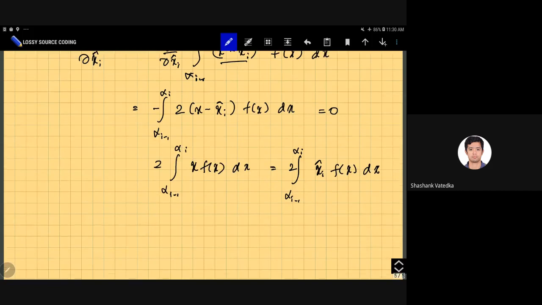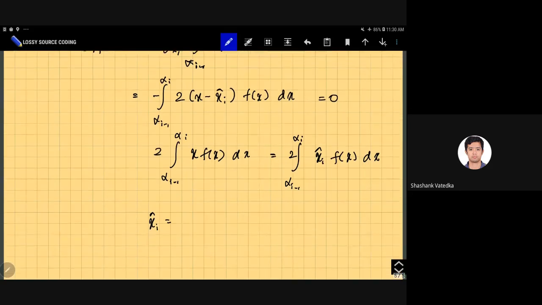All right, so what is xi hat equal to? Can someone tell me what is xi hat?